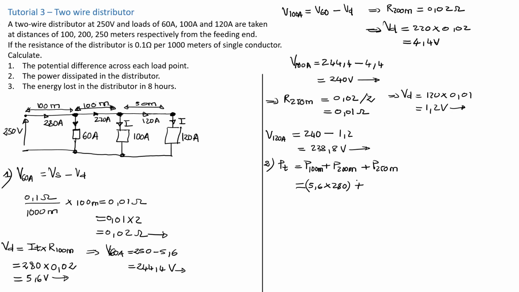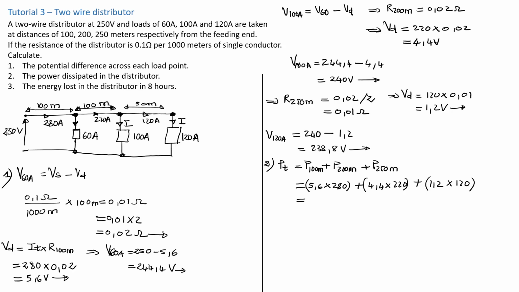like that, plus the power on this section, which will be equal to the voltage drop on that section, 4.4 volt, times the current on that section, 220 amps. So we're going to say 4.4 times 220, plus the power on the last section, so that is going to be the 1.2 volt times the 120 amps. So 1.2 times 120 amps.